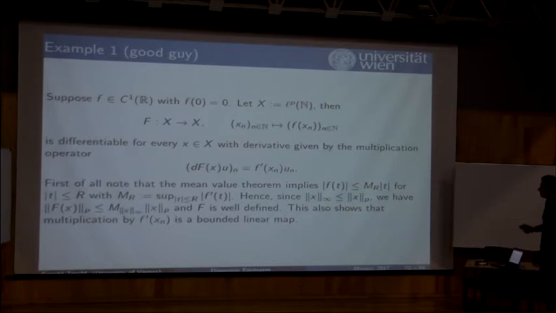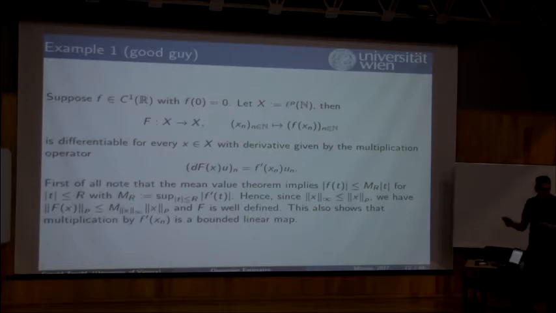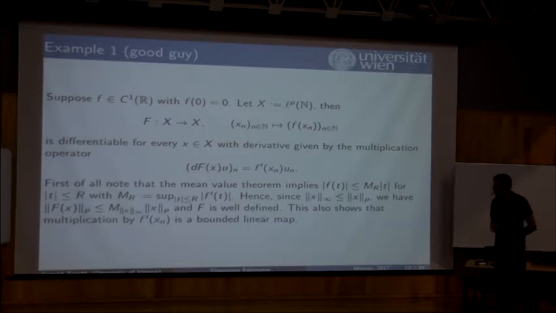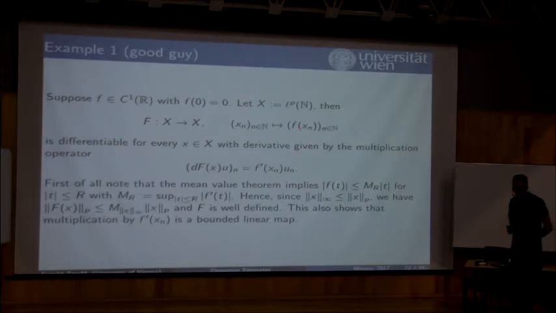Okay, so what am I doing here? I'm just taking a normal C1 function on R. Think about f of x is equal to x squared or something like that, a polynomial, whatever you want. The only restriction, I want it to be 0 at 0. You will see why in a second. And I take the corresponding operator, which I get by just applying this function to my sequence entry-wise, and hence I get a new sequence.